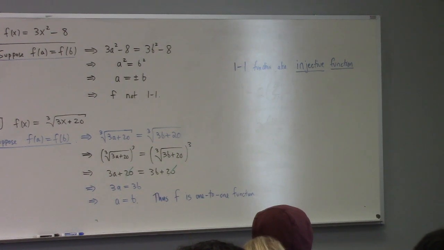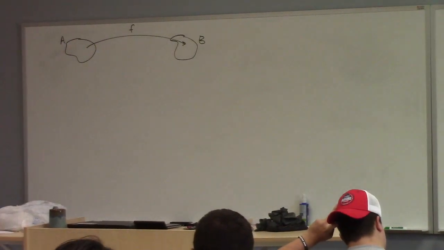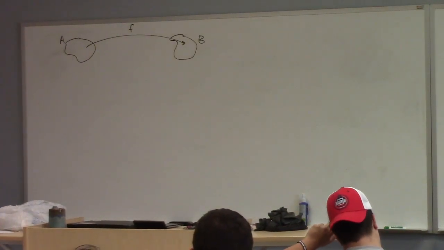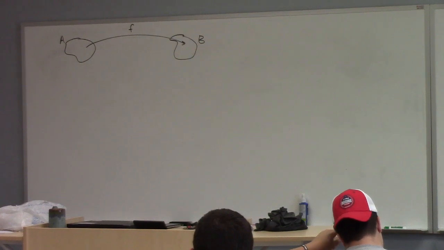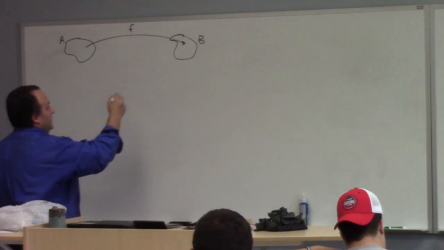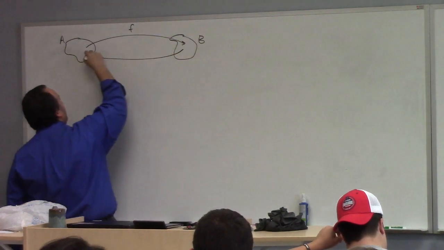So here's a picture. If this is A, and over here is B, and my function goes like this, my function goes from A to B. How should f inverse go, do you think? The opposite way, right? So the inverse function undoes what the function does. So here's the inverse function.